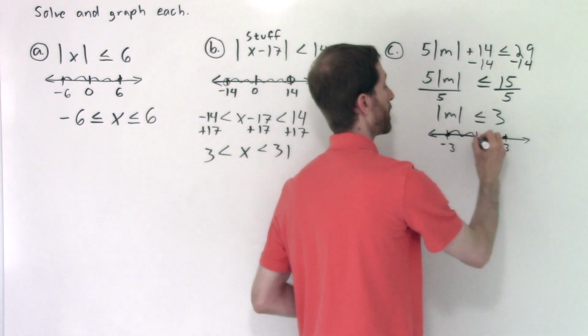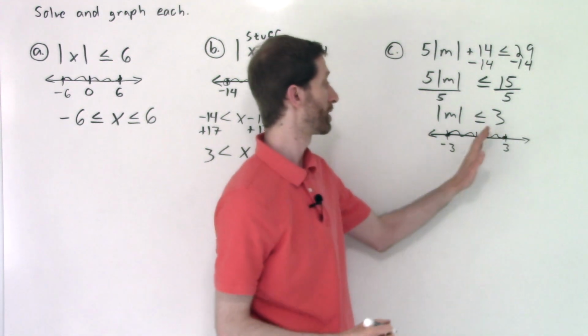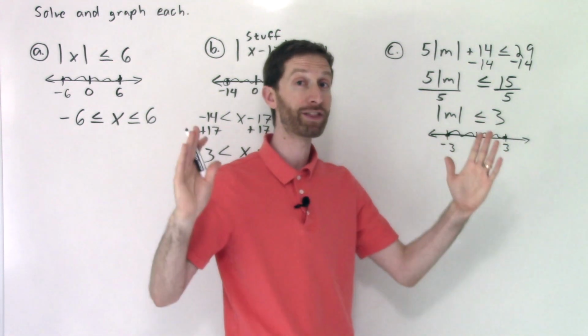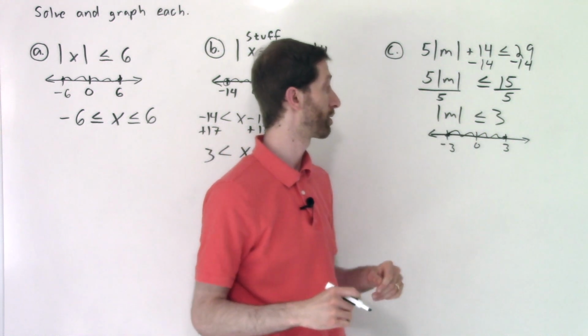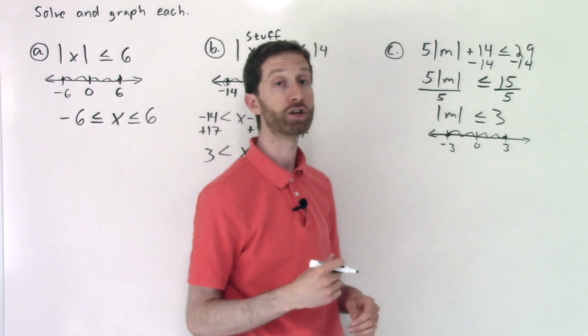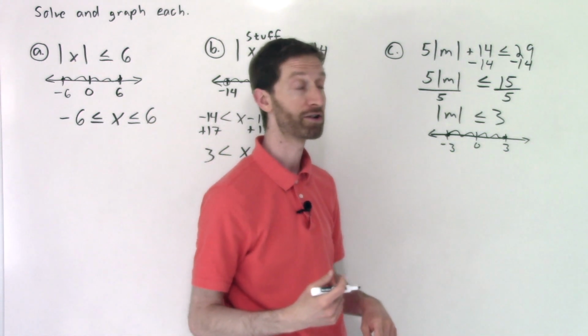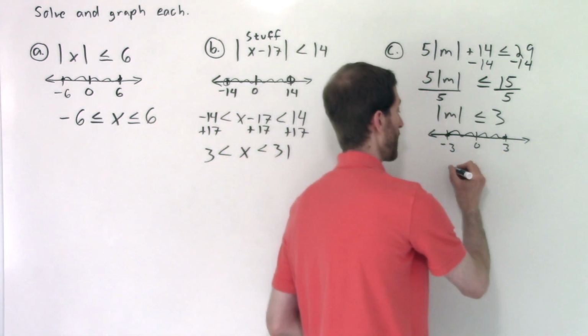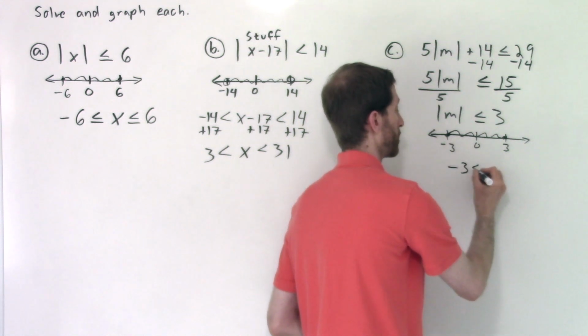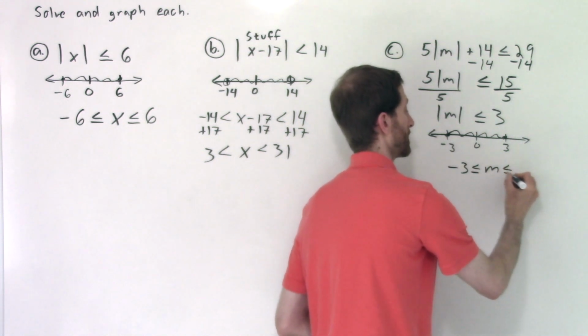And it's all the numbers between, because it's either to the left 3 or to the right 3 and everything within it, less than or equal to 3. So now from here, all I've got to do is do what this inequality graph tells me to do. So that's going to be negative 3 is less than or equal to m, which is less than or equal to 3.